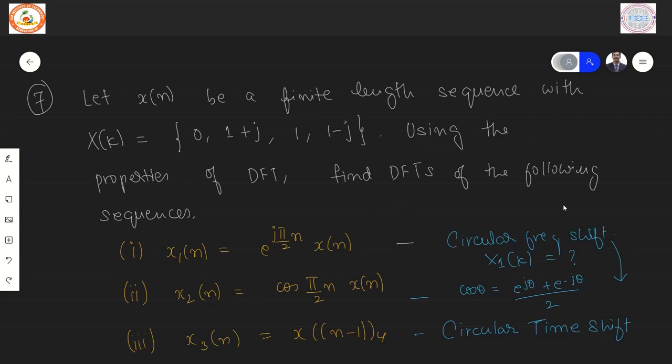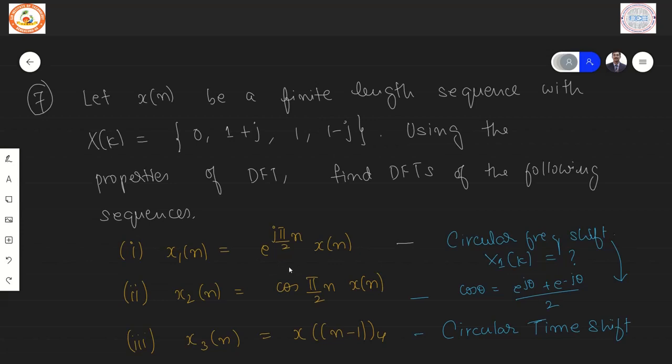Now the problem is not actually solved here, but rather we shall discuss the approach or method to be taken so that we can proceed in solving the problem. The first problem, if you observe, x1 of n is equal to e power of j pi n by 2 times x of n. Now here we have the time domain sequence x of n, which is multiplied by an exponent.